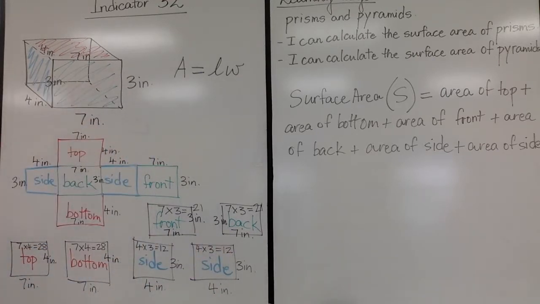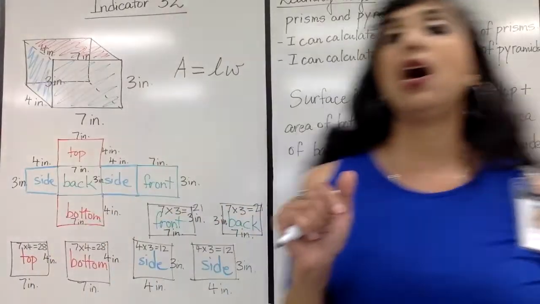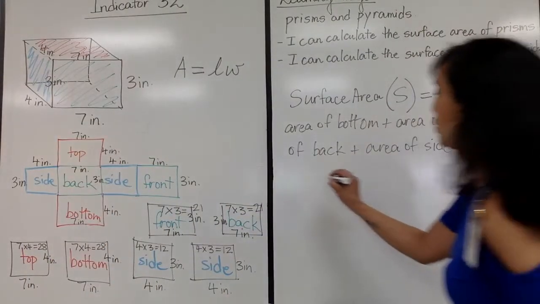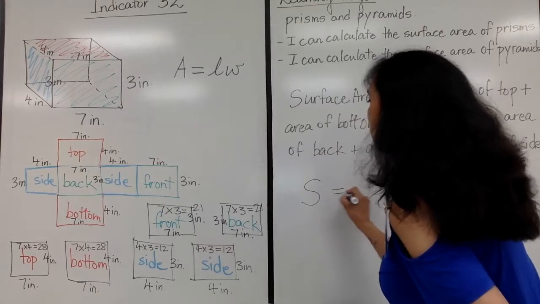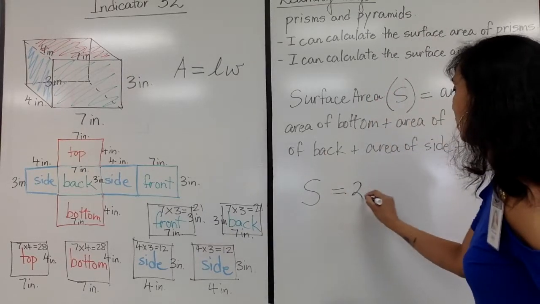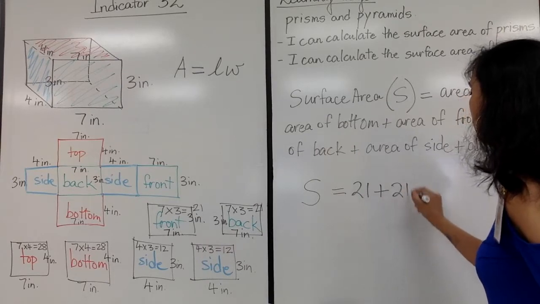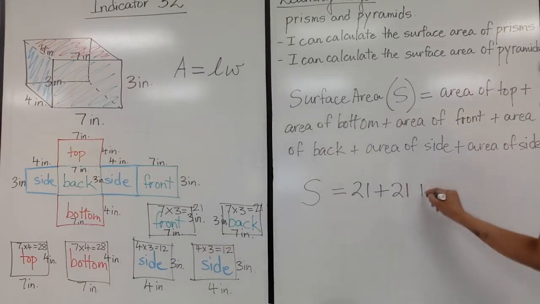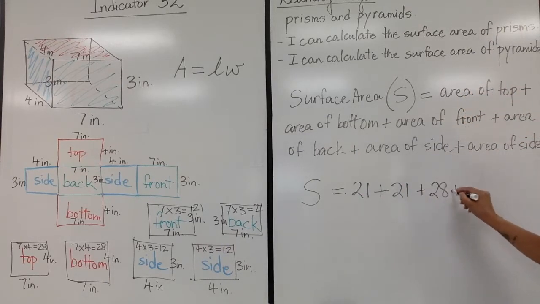So now we found all the areas of those 6, and now we've got to add it up. So surface area is equal to, we have 21 plus 21 plus 28 plus 28 plus 12 plus 12.